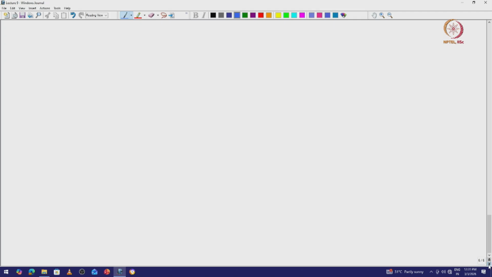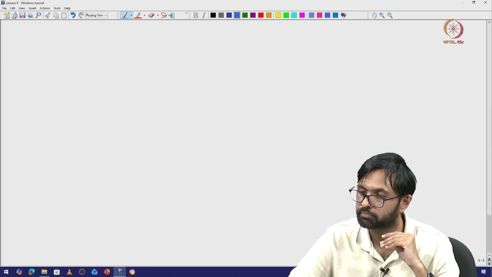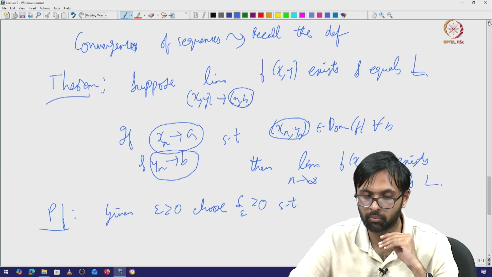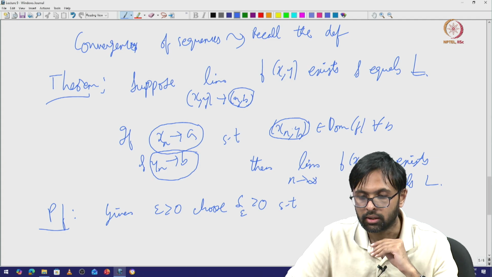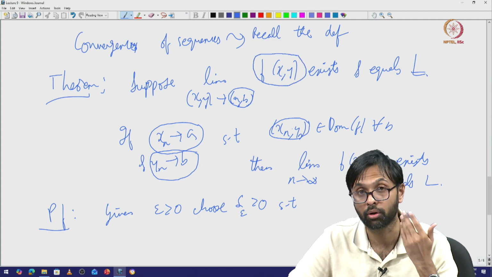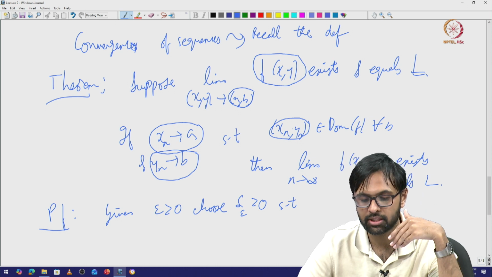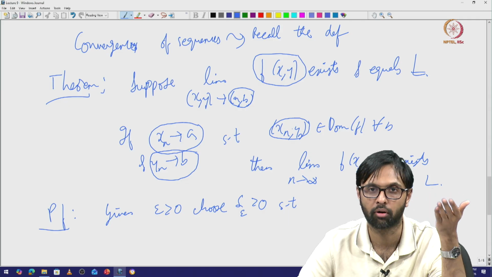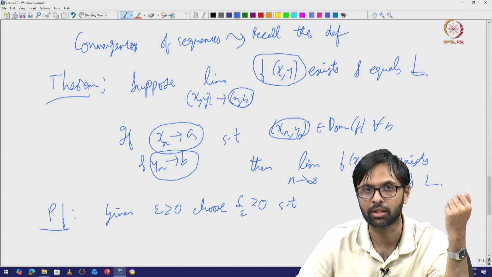One more important point. This theorem, which is useful for non-existence, is applicable for functions of more than two variables as well. I have stated it for two variables simply because it's easier for you to grasp this point, but this is a general theorem.